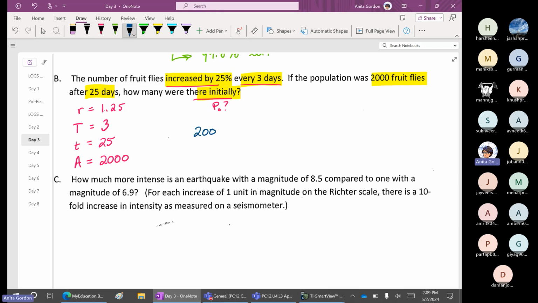So plug and chug. 2000 equals P naught times bracket 1.25 bracket to the power of 25 over 3. Please make sure that when you're putting this into your calculator, do not forget brackets around your exponent, okay?